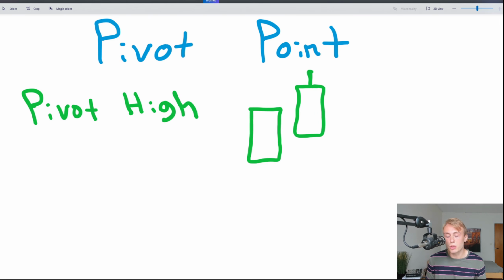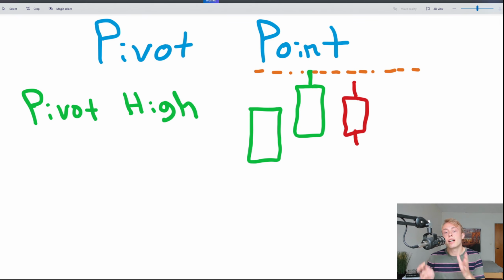And after this one, we then saw a red movement to the downside. And the important point about this is that the high of the middle candle, so you can see the high right here, is a higher high than the previous candle, and it also has a higher high than the following candle. So this right here is an example of a pivot high.